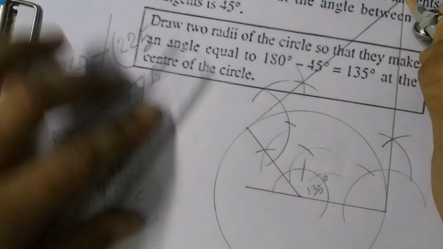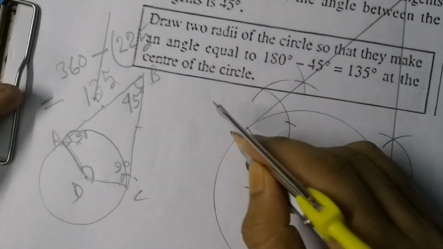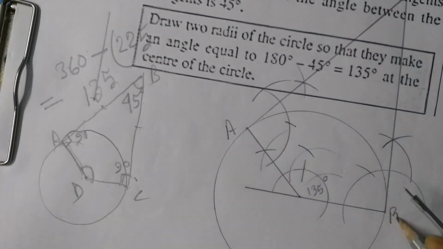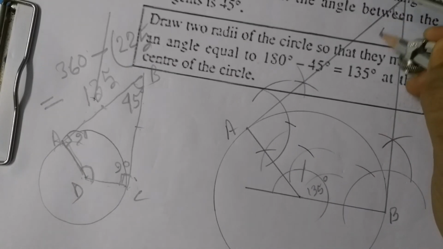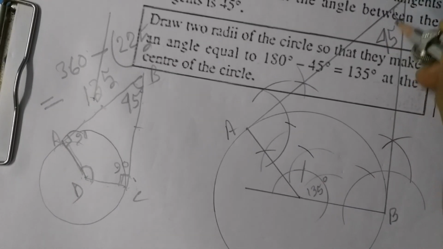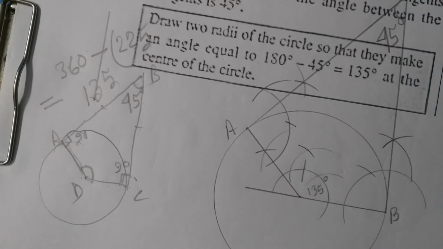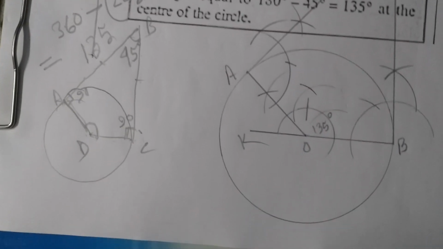Then here, this point, let's say PA is one tangent, PB is another tangent. So here automatically 45 degrees is formed. So this is our construction. You have to give names. Here K, all the extended parts you have to give names, and that's all for this sum.